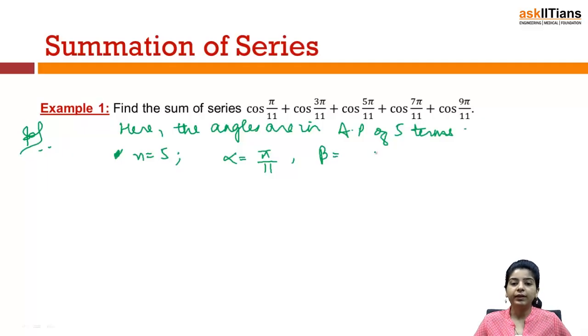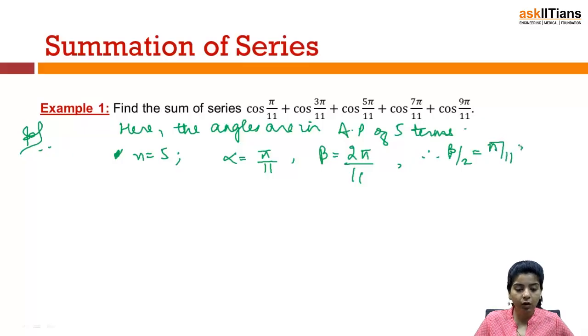If you remember the AP, arithmetic progression, in that we have common difference d. So here let us denote it by beta, and beta in this case is 2pi/11, and therefore you will need to find the value of beta/2, that becomes pi/11. Now here we have it in the form of cos, the series is of cos.